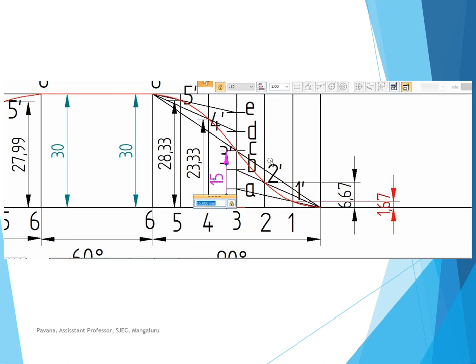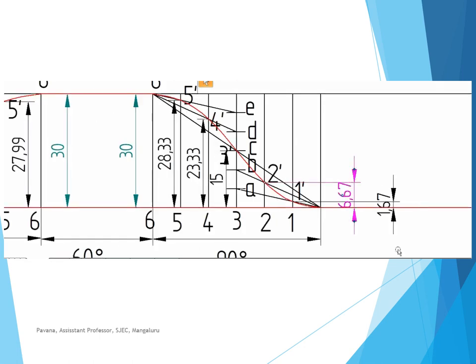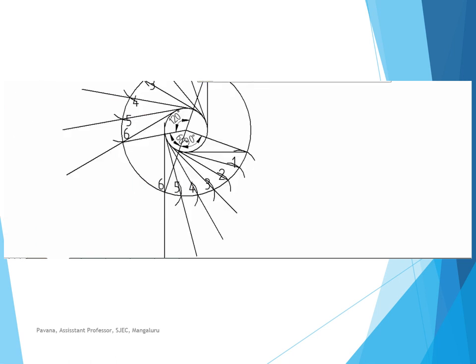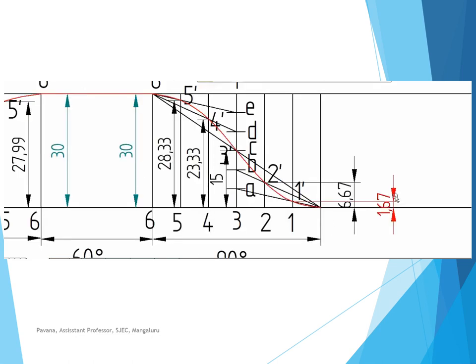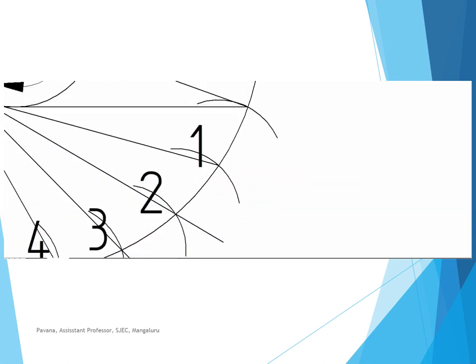The tangent line has to be drawn and the same tangent line has to be extended. Next 3 dash. 2 dash, length is 6.67. Measure with the scale or compass. Do it in the same way. Okay, 6.67 is extended. Next, last one, 1 dash, 1.67. So from point 1, add 1.67. Same, the tangent line is extended.